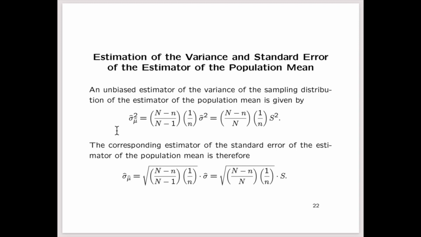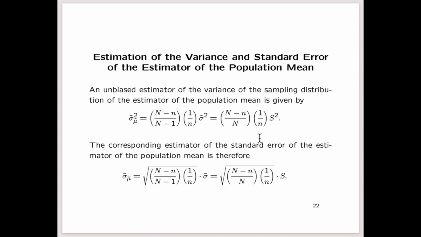Because this is an estimate of the variance of the sampling distribution of mu hat, we're going to put a hat on it, right? We always put a hat on our estimates. And so sigma hat squared sub mu hat is equal to capital N minus little n over capital N minus 1 times 1 over little n times sigma hat squared, which is our estimator for sigma squared.